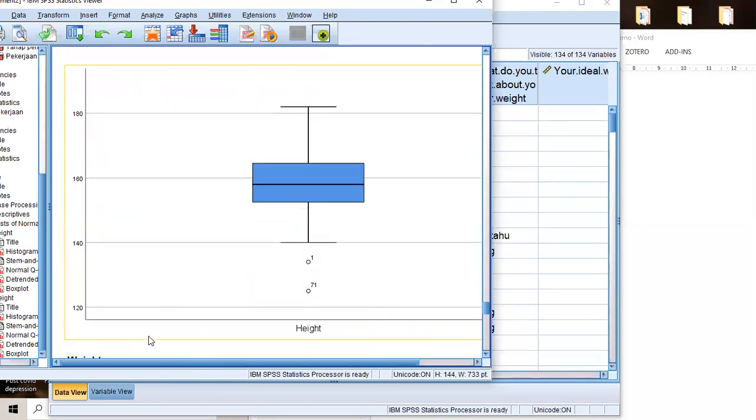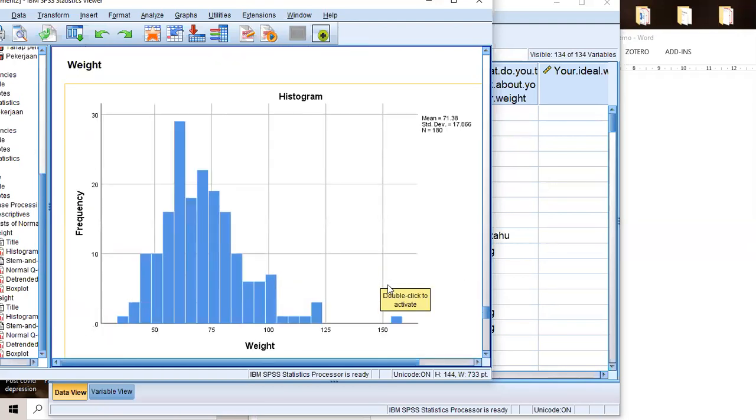In the box plot, we can see case number 1 and case number 71. So these two people are low in the particular values of height, right? This is weight. Look at one guy sitting right here, more than 150 kg.